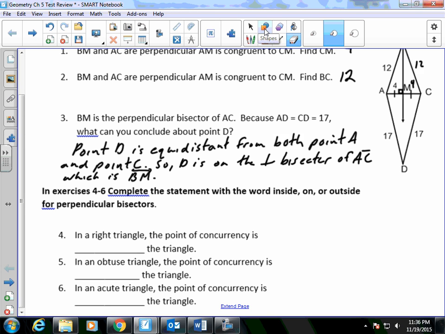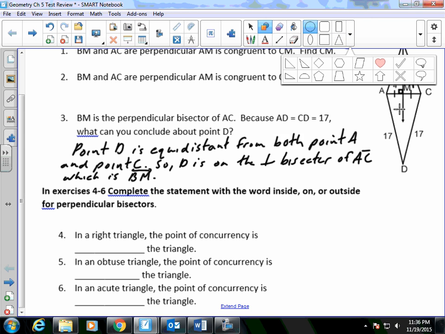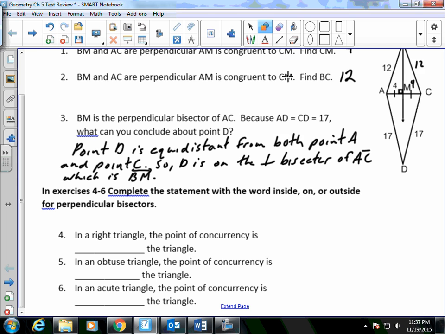So an easier way to look at this is if we actually have a right triangle here.